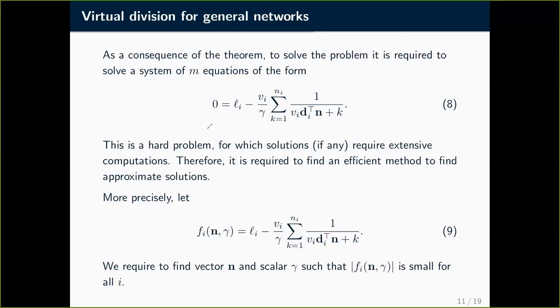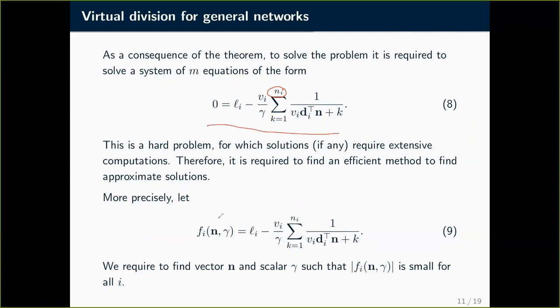However, solving these equations is a harder problem because the unknowns are in the top of the summation, and finding solutions, if they exist, requires expensive computations. Therefore, we need to find a method not to solve this problem exactly, but to solve it approximately.